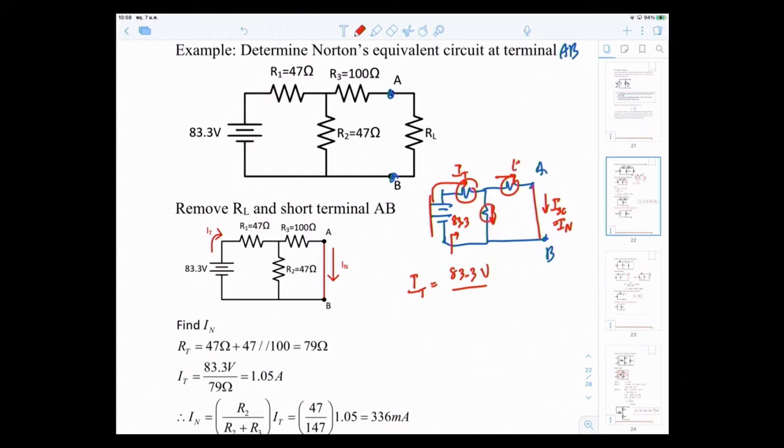This 100 and 47 are connected in parallel, so 100 parallel with 47, and then it's in series with the 47 ohm right here. So therefore I total turns out to be 1.05 amps. Then when I have my I total, I have my I total. Oops, sorry.